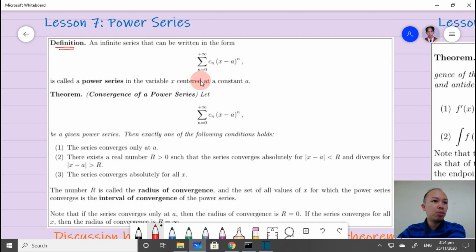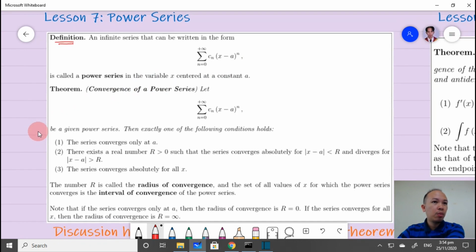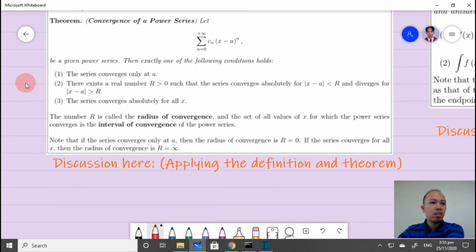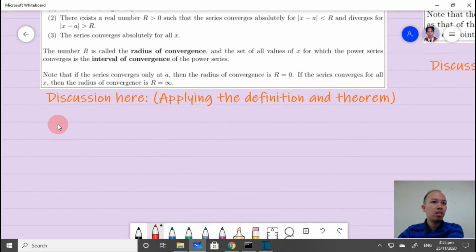Before we proceed to this theorem, I will give a note with regards to the definition of the power series.